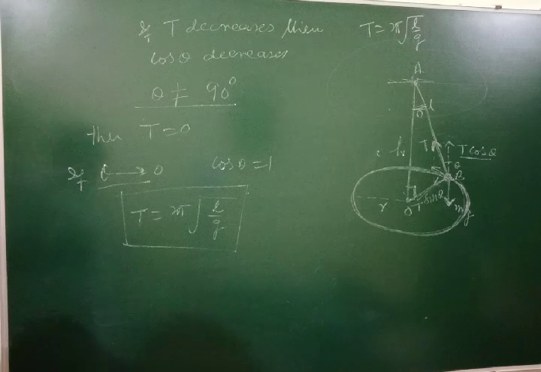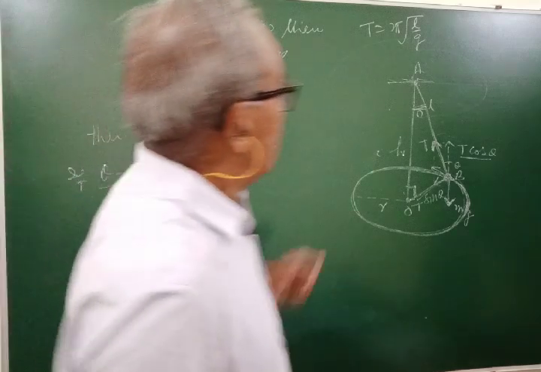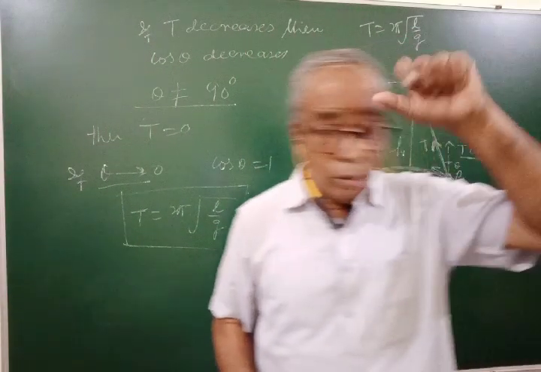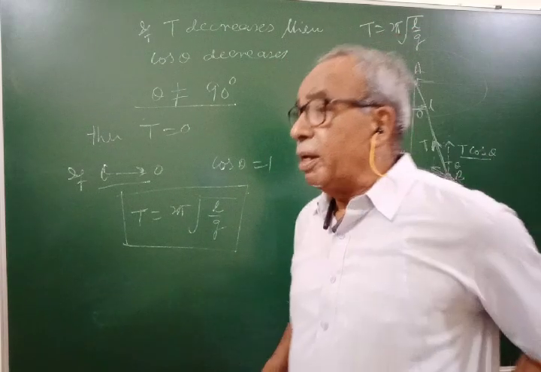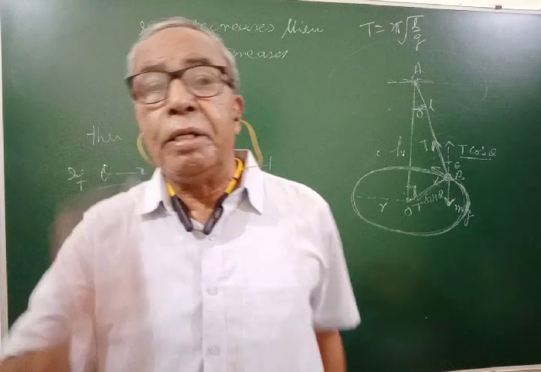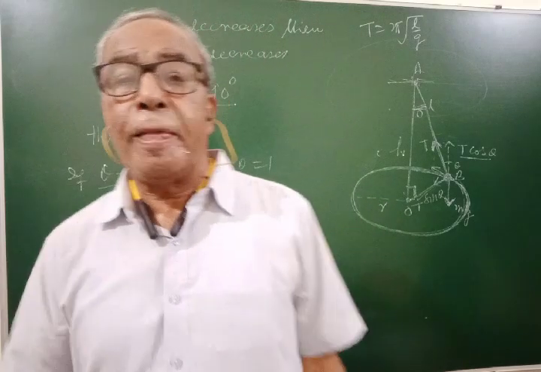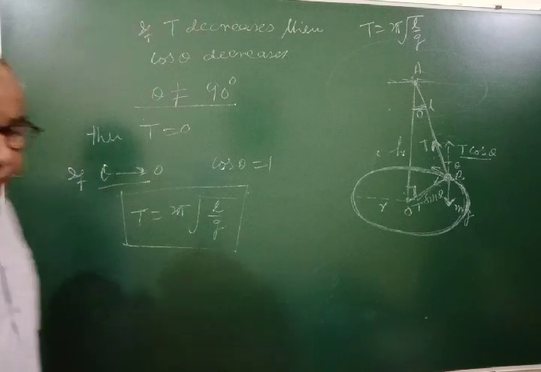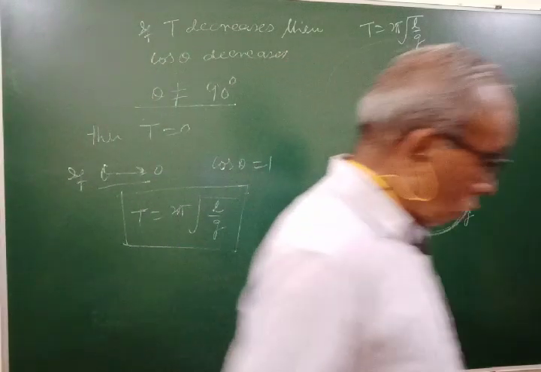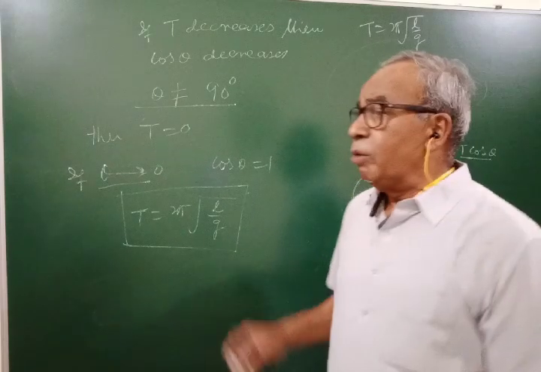So in lab, students are asked that the pendulum amplitude should be such that the angle theta does not exceed 10 degree. This formula for time period is true for small angles. So this was something about conical pendulum.